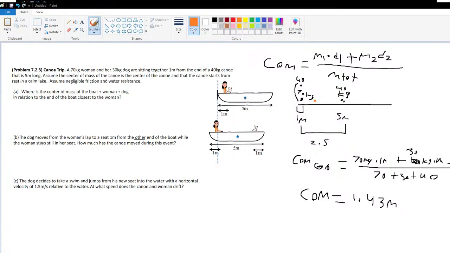The dog moves from the lap to a seat 1 meter in the boat, where the woman stays. Is that momentum? No, this is still center of mass. Yeah, the center of mass is going to change because the dog moved, and so his mass is now on a different x value than before, I think.